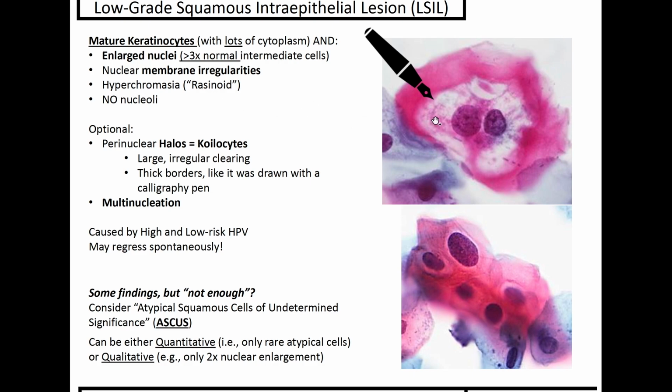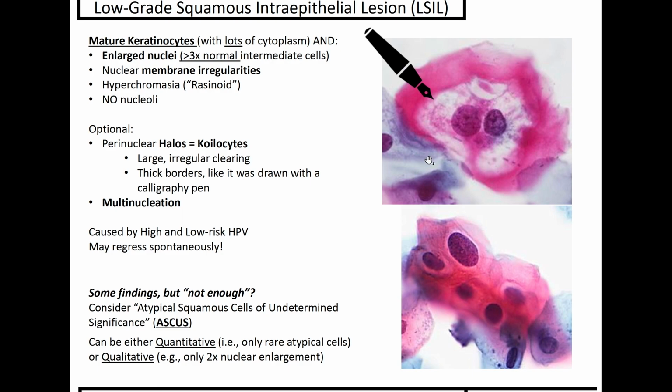Also, for LSIL, you can see nuclear membrane irregularities, hyperchromasia, or they can be raisinoid in appearance. And optionally, you can have perinuclear halos or koilocytes, which we see like a classic koilocyte here, but you don't necessarily have to see the koilocytosis or koilocytes to call LSIL.